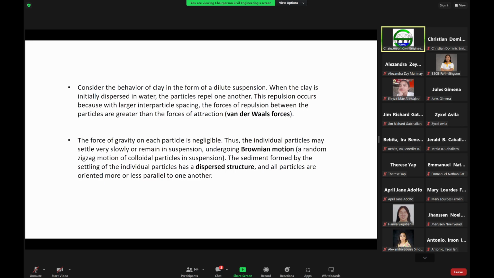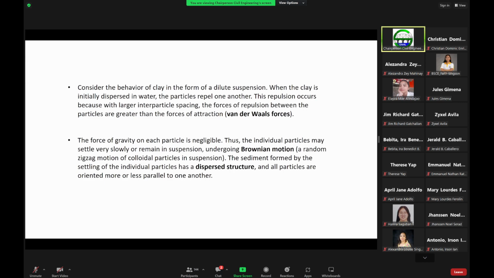For example, when you do the hydrometer test, the fine particles there might undergo Brownian motion when you let it settle, especially the clay particles.